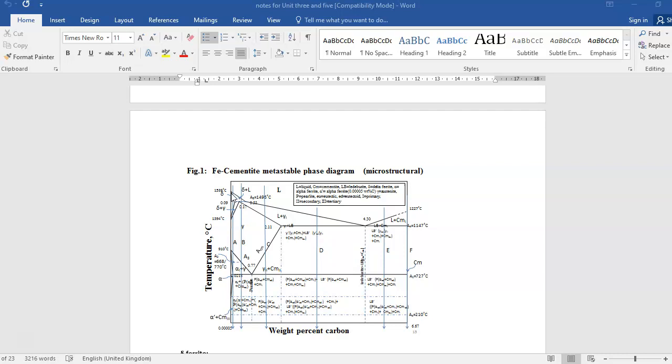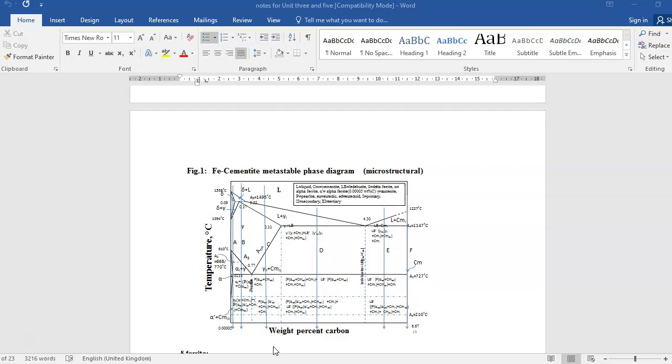The y-axis denotes temperature in degrees centigrade, and the x-axis denotes the carbon percentage in the metal. When we talk about the alloy of iron with carbon, we talk about the iron-carbon diagram or the phase diagram, which is known as the iron-carbon equilibrium diagram.